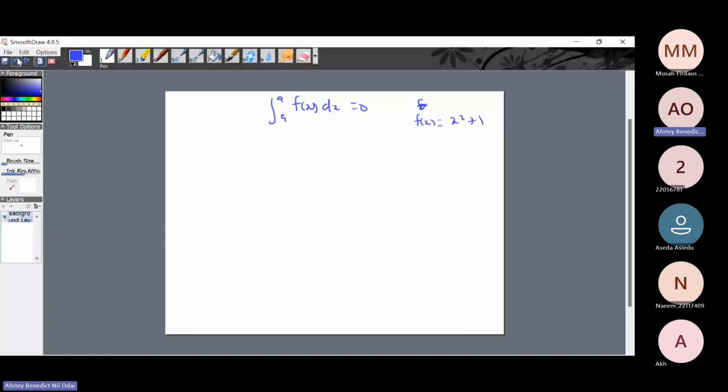So we have 8 plus the integral from c to x, the smaller to the bigger one, of t squared, of f of t dt, and this is equal to 4 root x. Now the question was to find your c. That's what the question is saying: find your c.